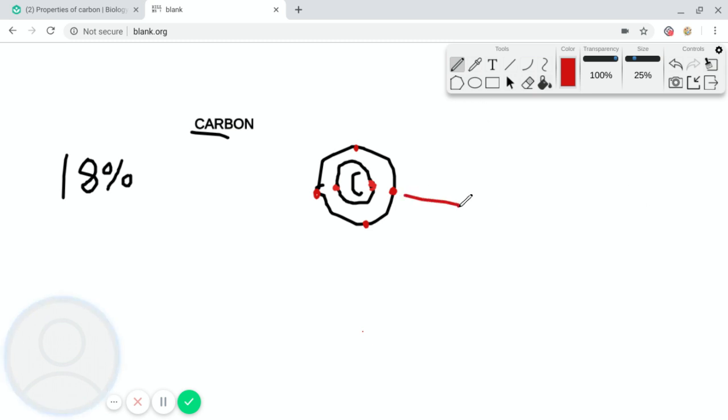So, like, it could do this with something. I don't know, use your imagination on what this is. It can also just form 4 bonds in general, and you'll see it whenever people talk about carbon and they show bonds and carbon chains and all that. Hydrogen is bound to be involved.